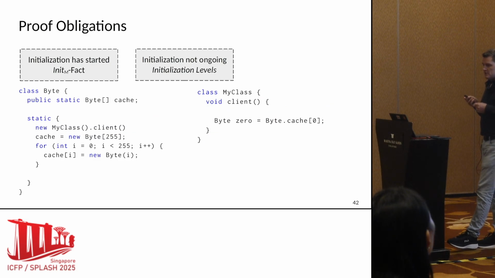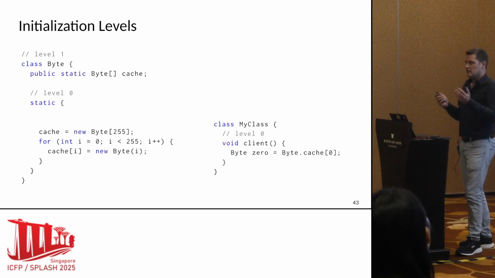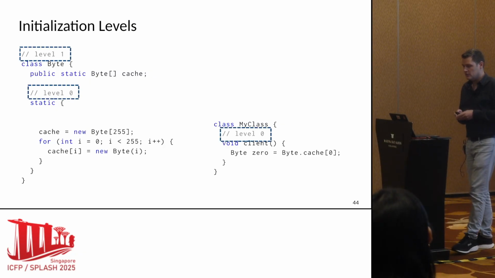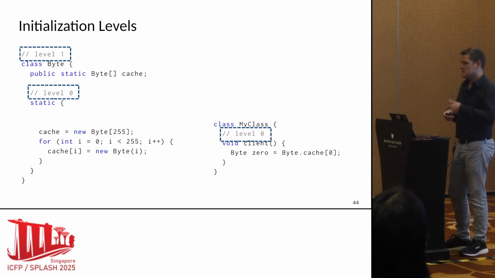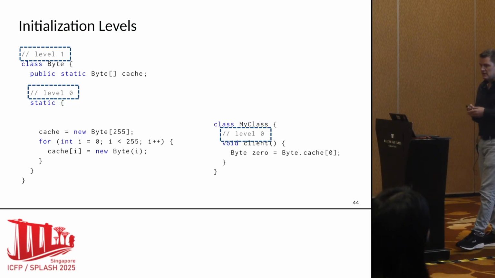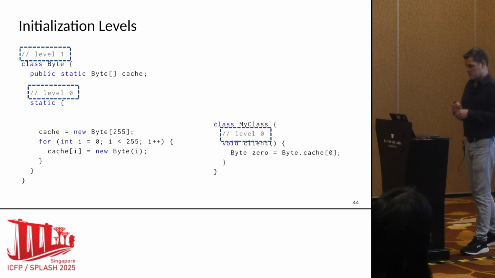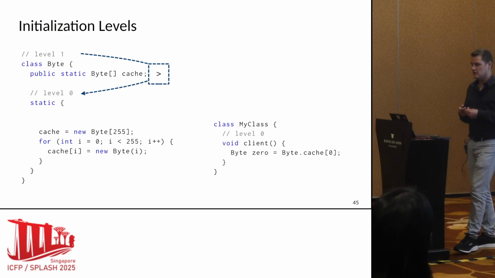And our way of doing this is a system of what we call initialization levels. So initialization levels are values from some partial order. Here I'm using natural numbers that are associated with every module, every initializer, every method, every procedure. And now these levels have to satisfy some constraints that we can check modularly. So the first one is every module's level has to be greater than that of its initializer.